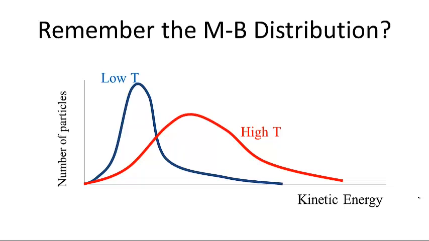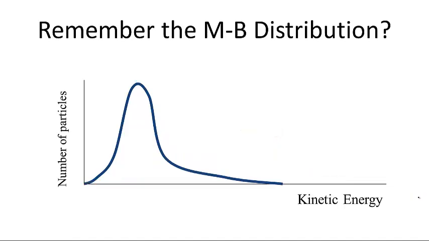Here I've shown at low temperature, there's a lot more particles with low kinetic energy. At high temperature, there's more particles with high kinetic energy, which makes sense. So with this distribution, we can think about, okay, if there's a certain energy that particles need to overcome this activation energy barrier, the graph can show us what percentage of the particles will be successful when they collide.